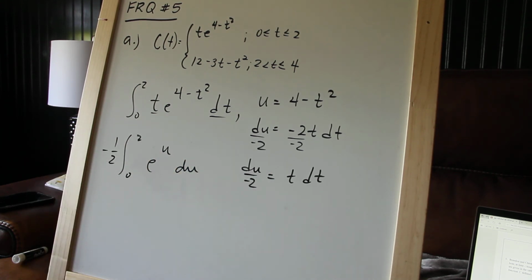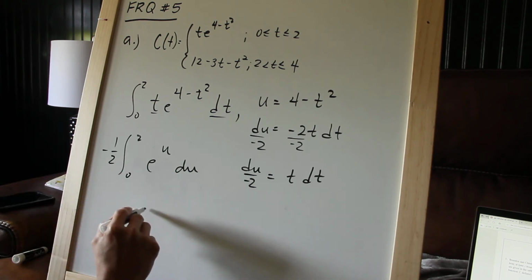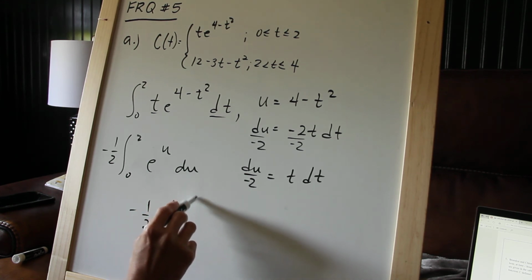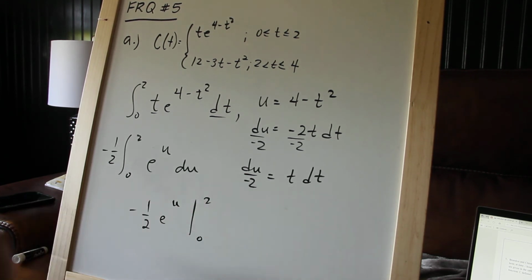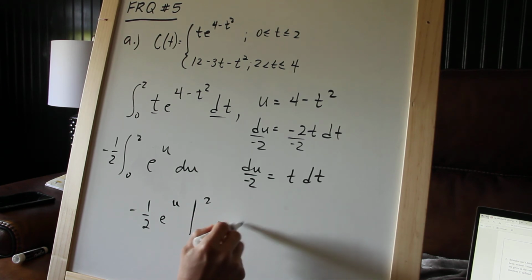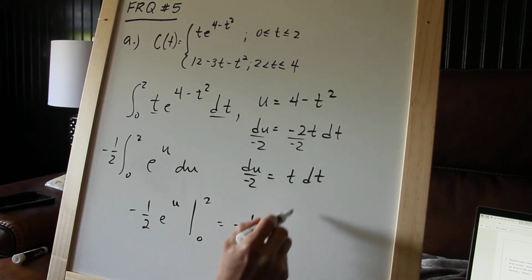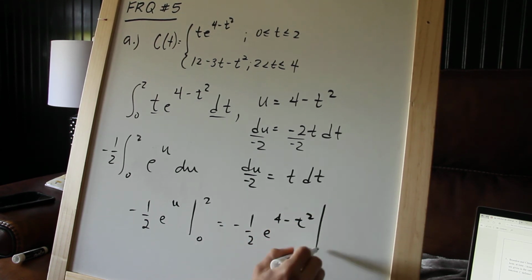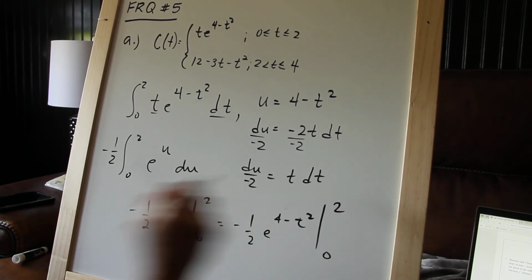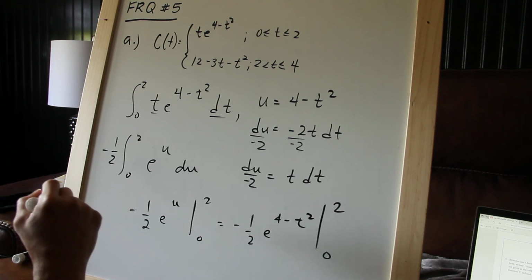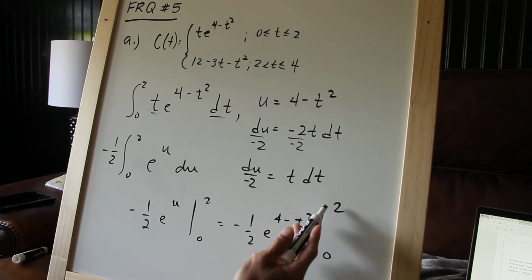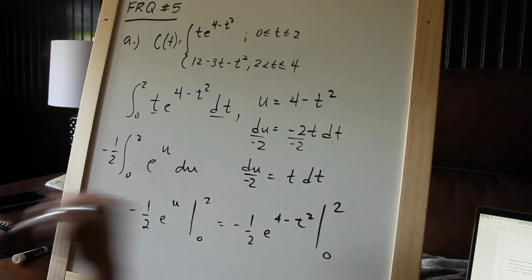Okay, so take the antiderivative or integral of e to the u is just negative 1/2 e to the u from 0 to 2. So I'm going to go ahead and replace u with 4 minus t squared from 0 to 2. And so wherever I see a t, now I'm going to go ahead and evaluate it at 2, and then subtract it from the evaluation at 0. Okay?